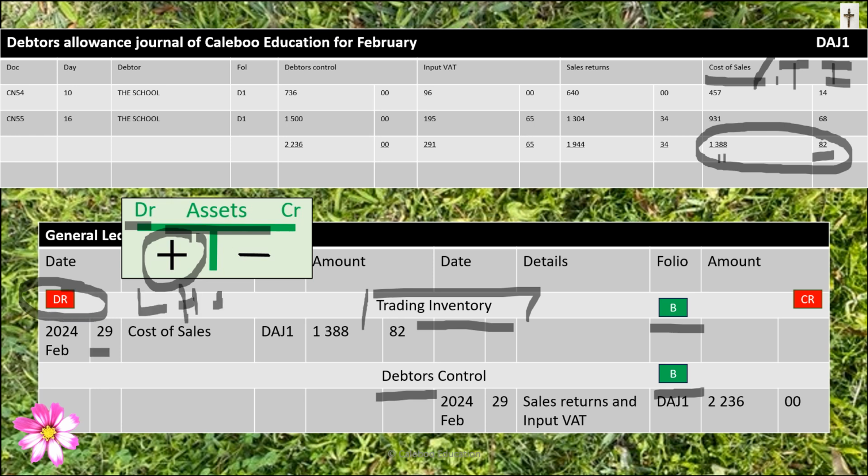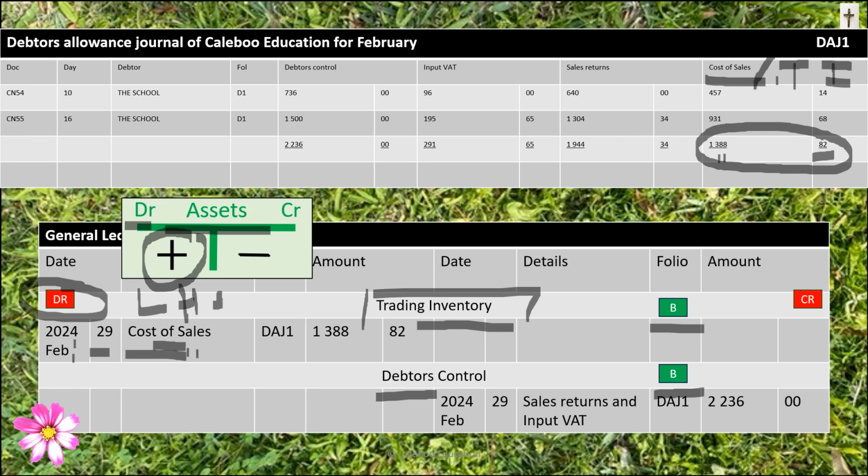The date is the last day of the month, 2024, February the 29th. The contra account, as I explained in the Debtors Journal lesson, to trading inventory is cost of sales. That is the other account.